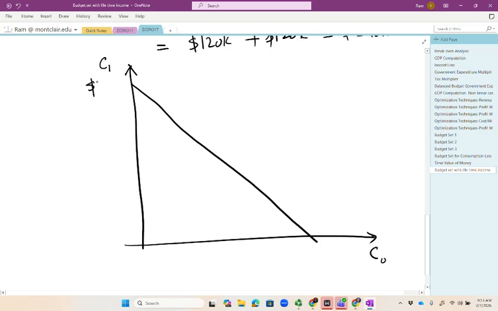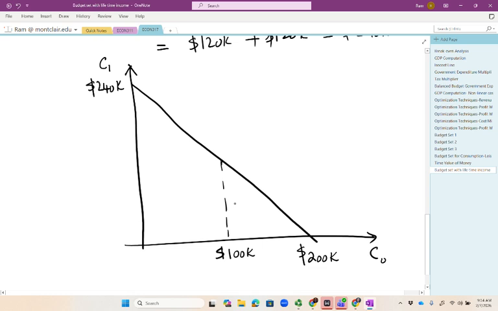with 240k as the vertical intercept, 200k as the horizontal intercept. But remember, there is this endowment, which is the number driving these extreme consumption values.